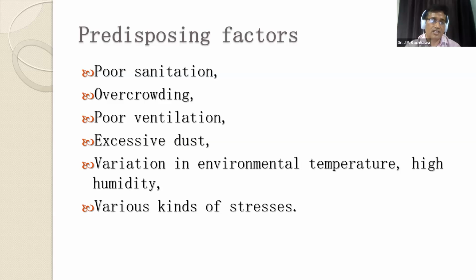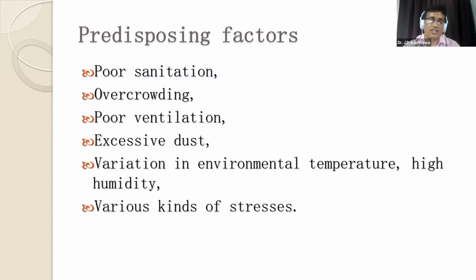Excessive dust and variation in environmental conditions like higher temperature, lower temperature, higher humidity, and higher air currents cause stress among the animals, and when the animal comes under stress, its immunity will be compromised.